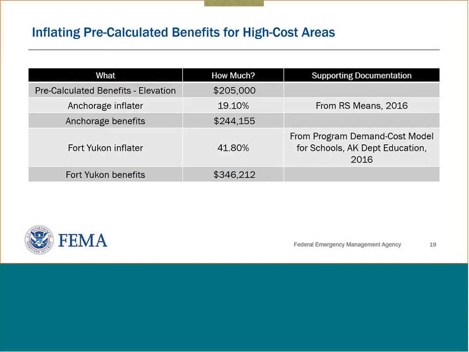So one of the things that you can do, and here's an example from a recent project, is if you're in a high cost area, you can bump up the cost of these pre-calculated benefits. And let me just show you how that's done. This is an example from state of Alaska. I work with Alaska quite a bit.